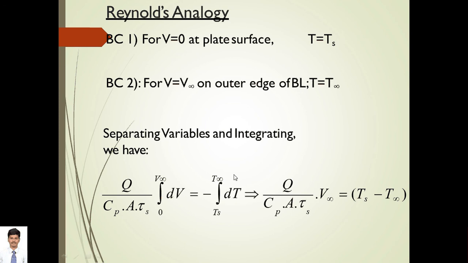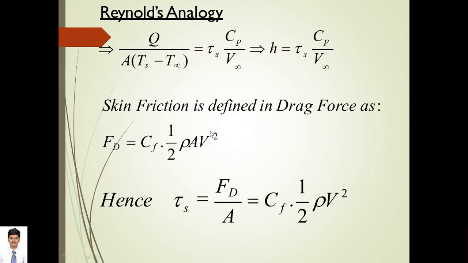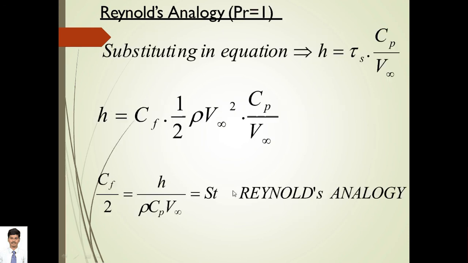After solving this, we will get Q upon A (Ts minus T infinity) is equal to tau s Cp upon V infinity. And skin friction drag is defined as Fd is equal to Cf into 1 upon 2 rho V square, and hence tau s is equal to Fd upon A, which is equal to Cf into 1 upon 2 rho V square, as A will get cancelled.